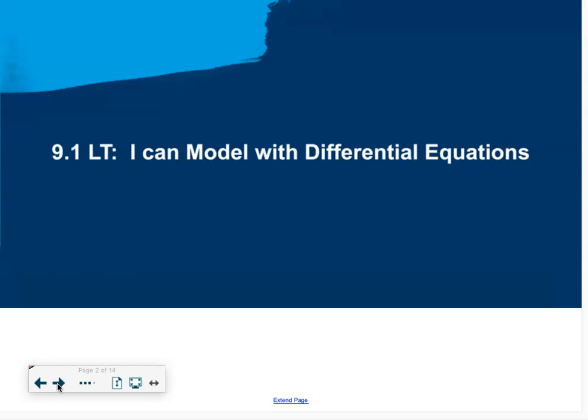We are going to focus on one particular model, and then I'm just going to show you a couple others just so you know they're there, and then we're going to switch and start working through your homework. So today we're doing 9-1. I can model with differential equations. You're not supposed to learn how to solve them today, but we are going to solve one just so that you see how this works.